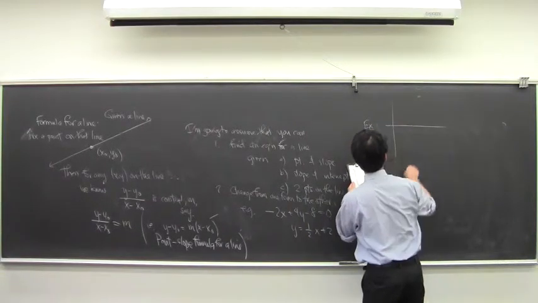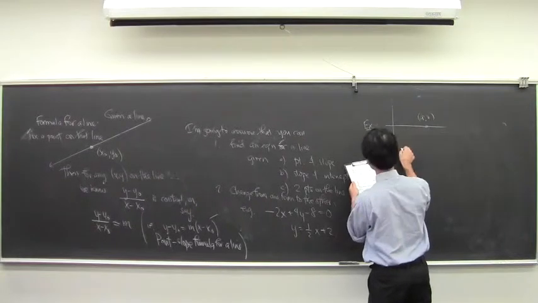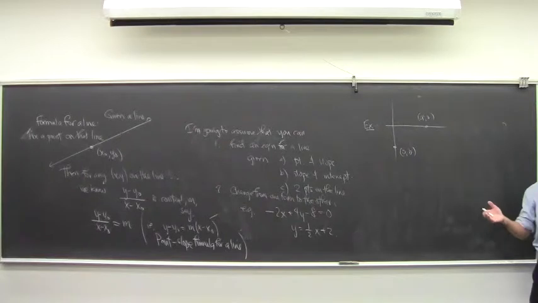Suppose I say that the line passes through these points, a comma 0 and 0 comma b.